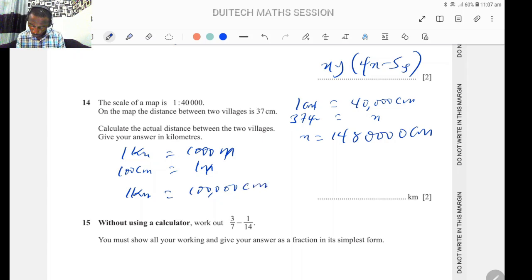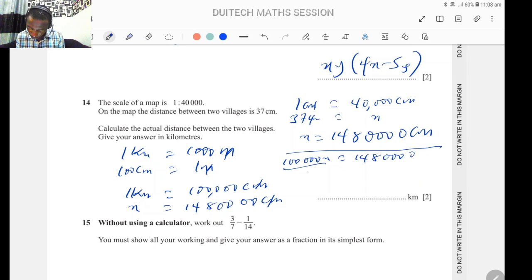So in that case, we have to convert this now, because the answer must be in kilometer. So bring in 148,000 centimeter. What does it give us in kilometer? When we cross multiply, we'll have 100,000x is equal to 148,000.